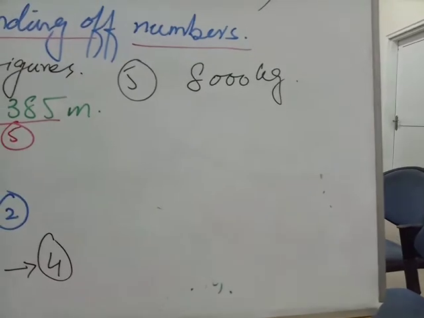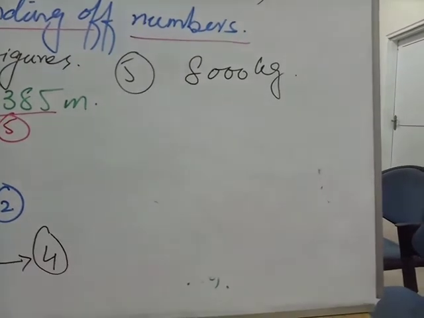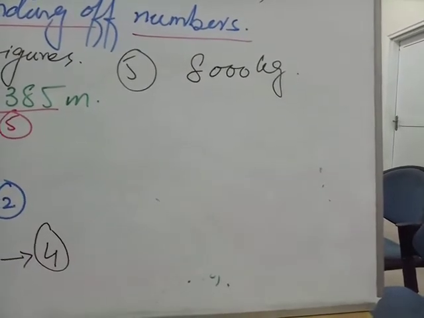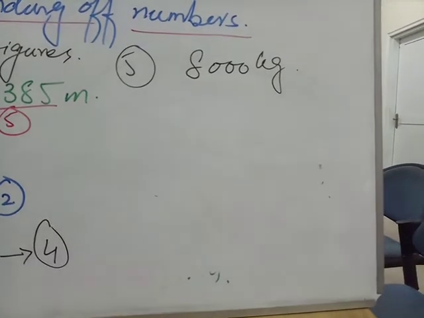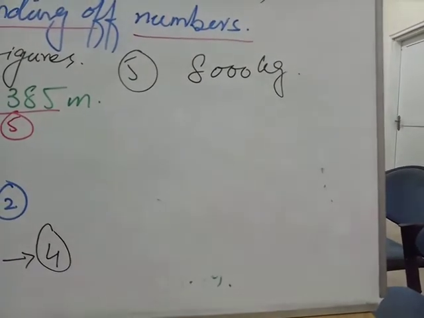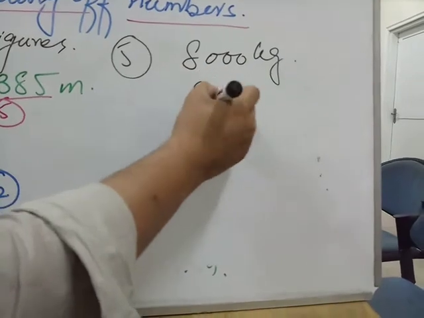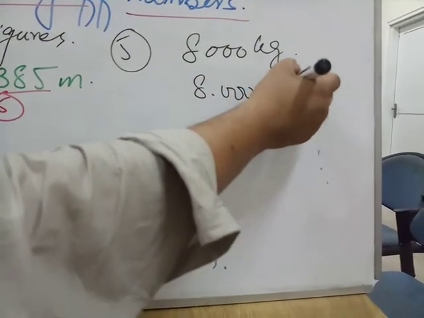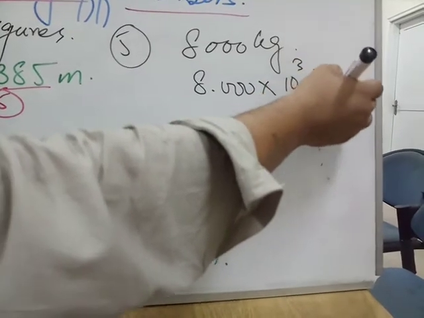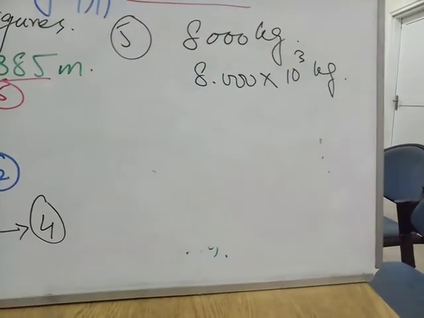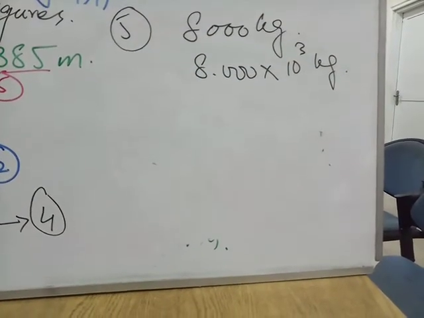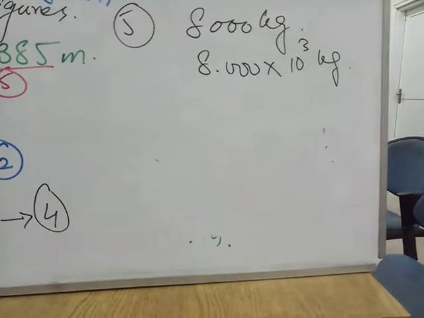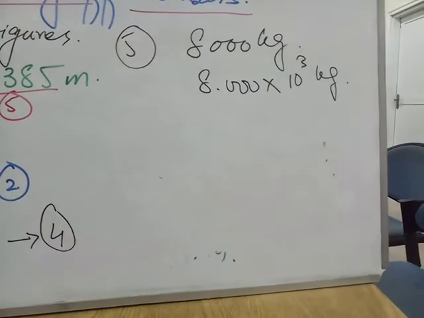If the least count is 1 kg, then there are four significant figures, and the measured value can be written as 8.000 times 10 raised to power 3 kg. So it depends on the least count of the instrument with which we measure the value.